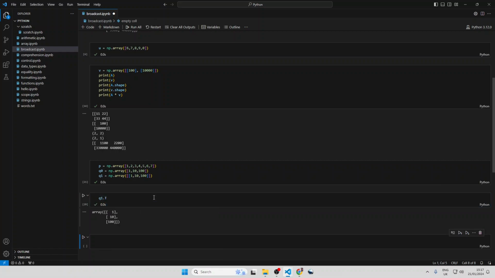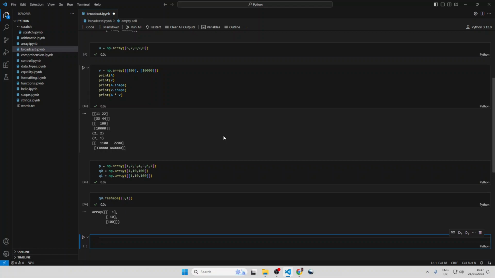We can transpose Q1, and that makes it into a column vector. Another equivalent way of doing the same thing is Q0.reshape(3,1), so either of those will give me a column vector. So now we've got our P and our Q1.